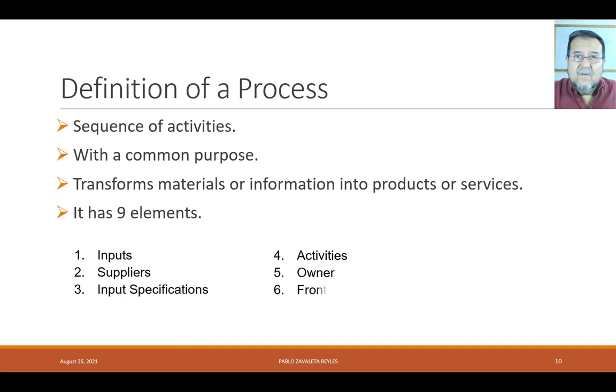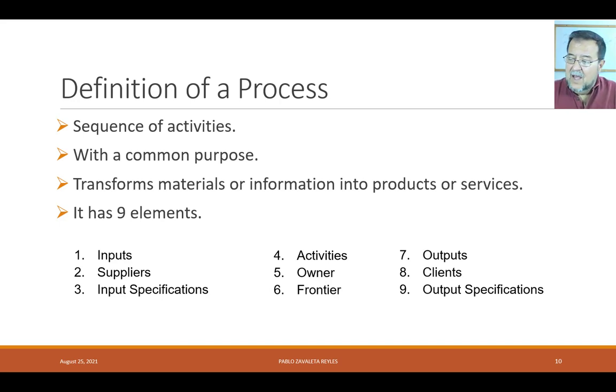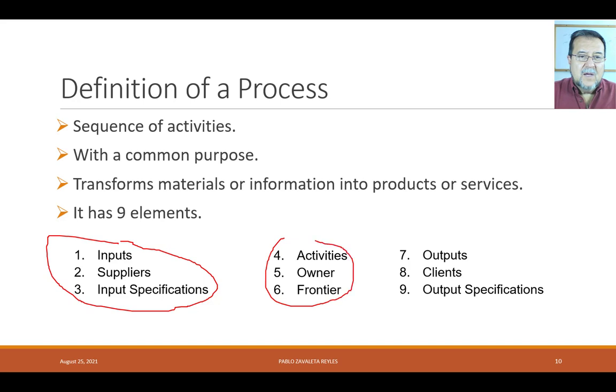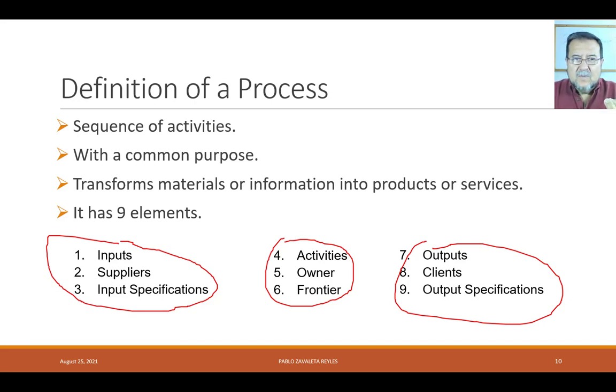Activities, owner, frontier. And finally, we have the output side. Outputs, clients, and output specifications. So, when we think about a process, we always think in terms of these 3 groups. Inputs, activities, and outputs. Our outputs are our results.